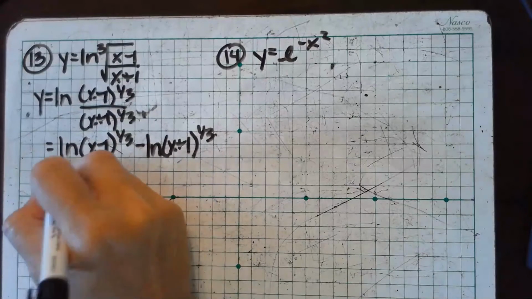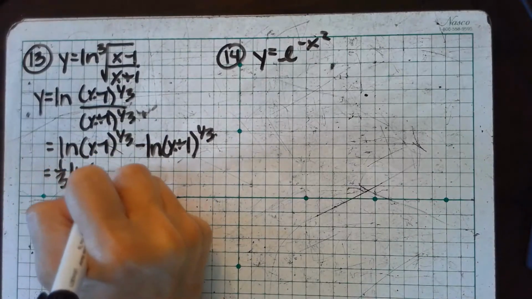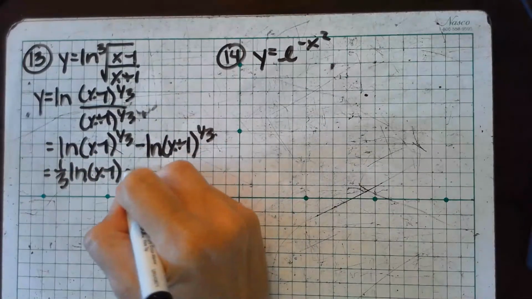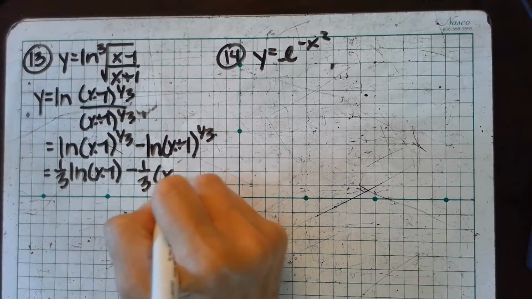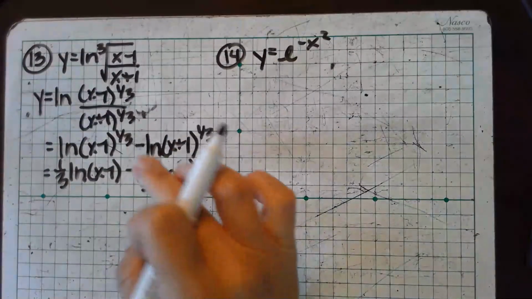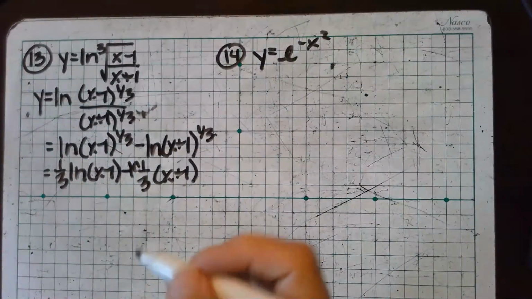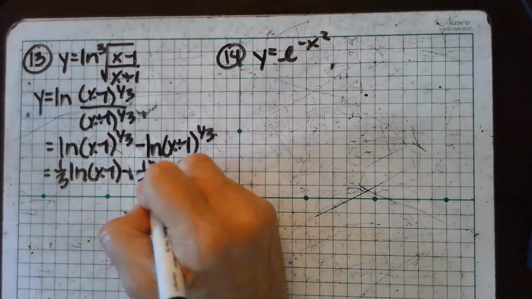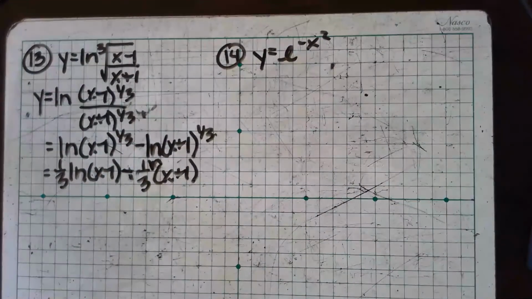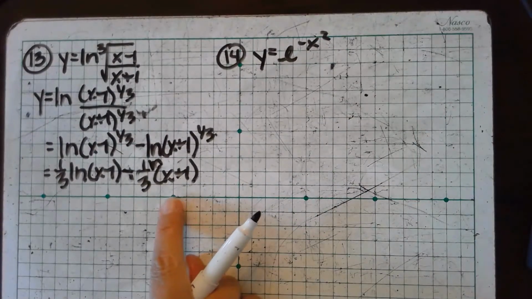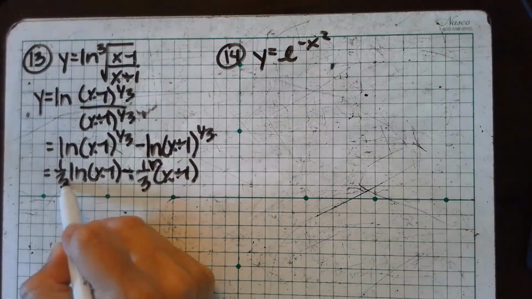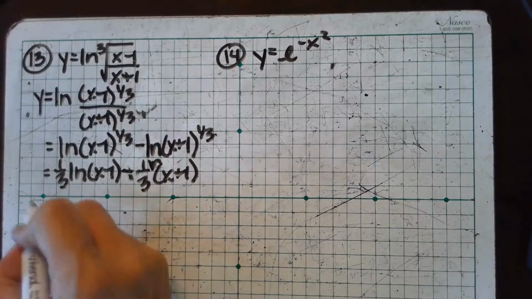And then I can use the power rule. Forgot my ln right there. Whoops, actually it goes right here. Sorry. All right, so here we go. This is just a constant out in front that's going to get multiplied.